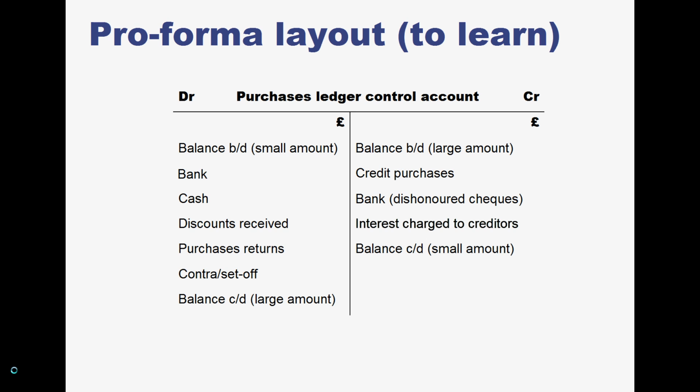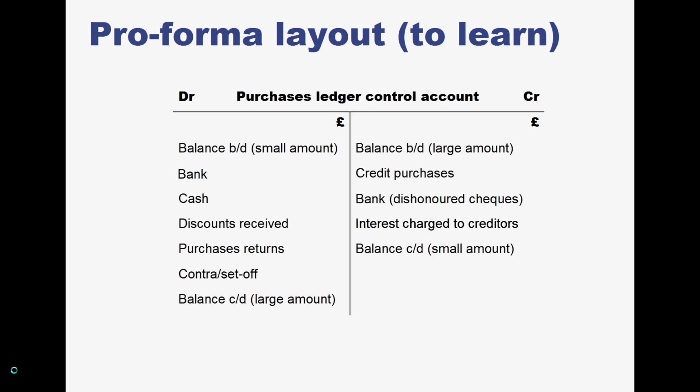Instead of us as a business owing creditors money, when I say creditors, I mean some creditors, not all of them. If you had balance BDs, a large amount on the credit side as well as a small amount on the debit side, well, that proves the point why you have some creditors relating to the small amount value, and the majority of your creditors relate to the large amount.